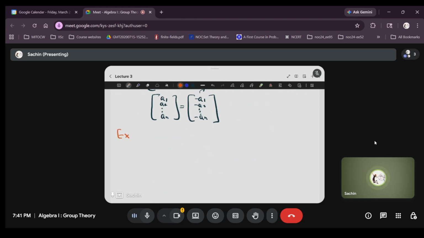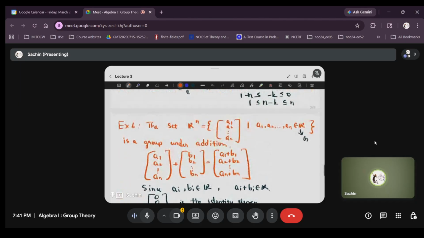Now we had stated 2 by 2 matrices with real entries as an example. And you can extend that, similar to how I told here for the set of vectors with real entries.